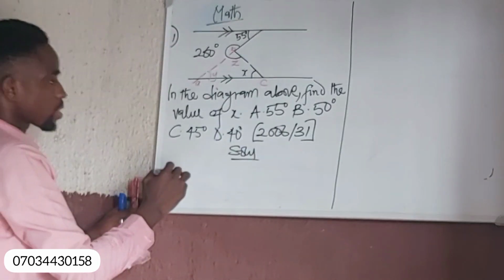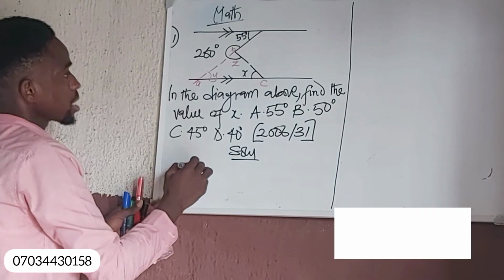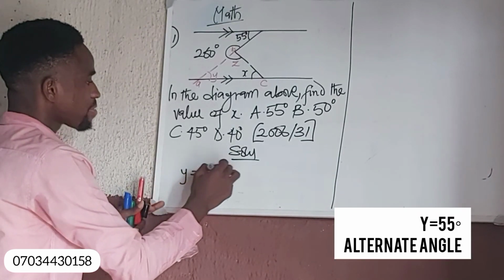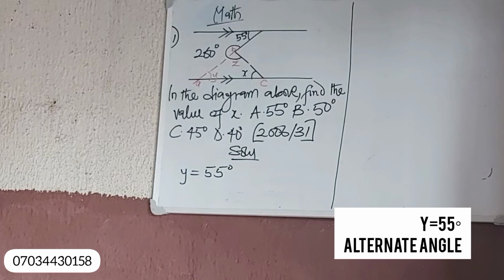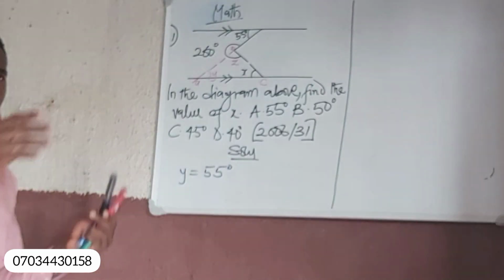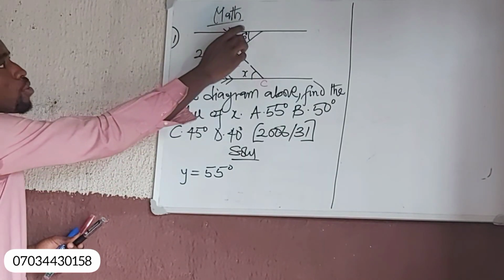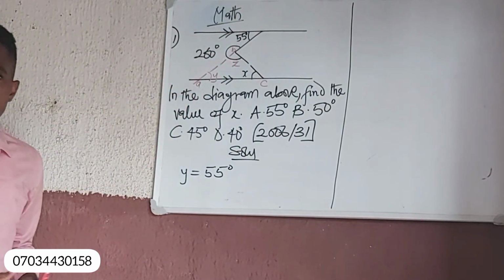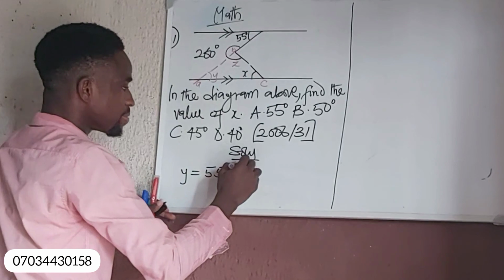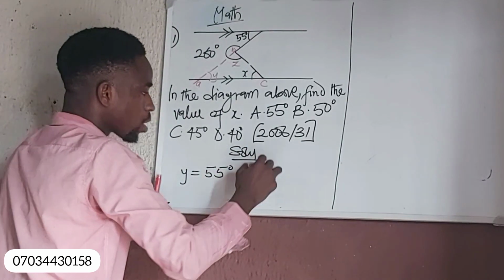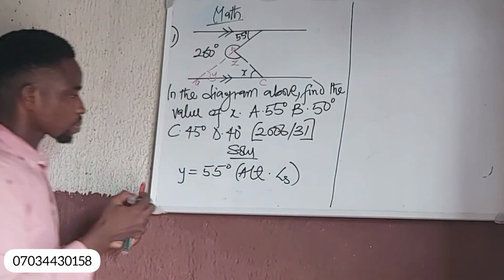Y is equal to 55 degrees. Why? You remember alternate angles when we talked about parallel lines. Angle 55 and angle Y are alternate angles. So Y is equal to 55 degrees. The reason is alternate angles.